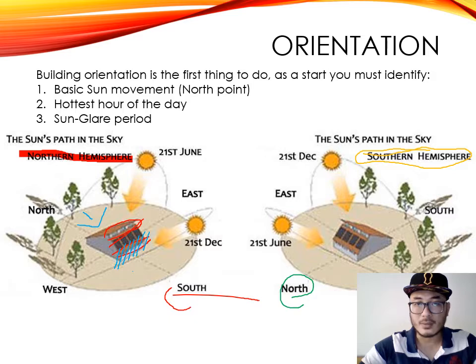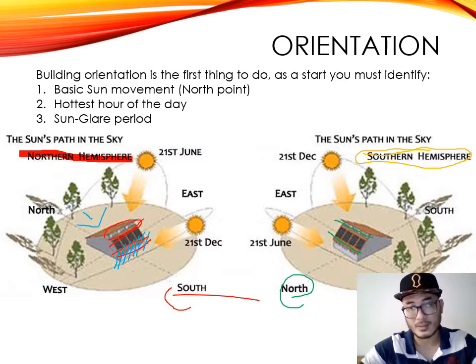Either it is June or December, it is still on the north side. Although you are on the southern side of the hemisphere, your sun is on the north. So you must understand the sun orientation. Therefore, you position your photovoltaic on the northern side, or on the side of the elevation, sorry.